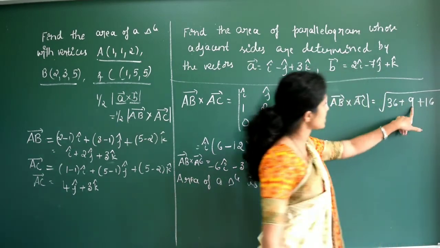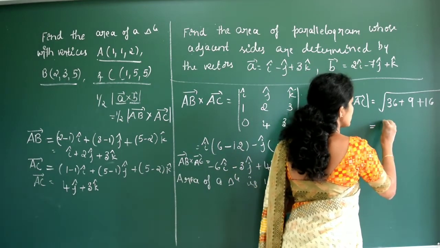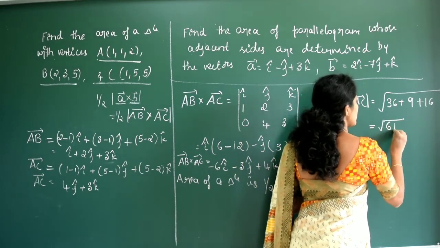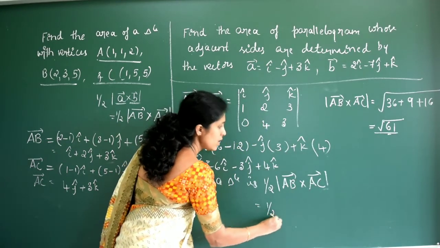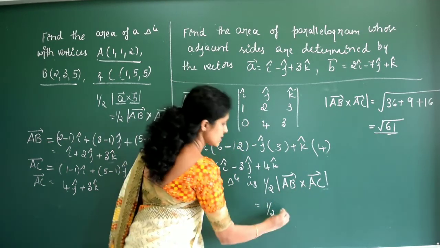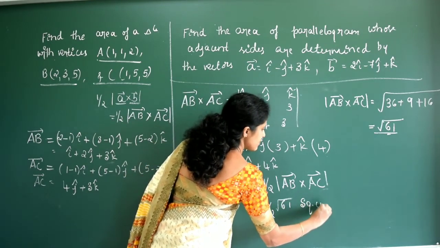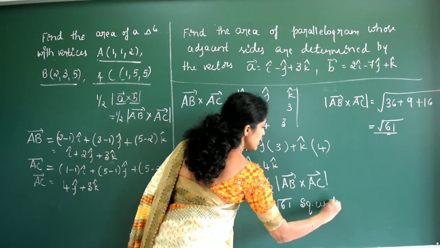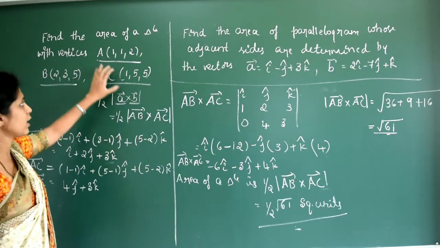So that is 36 plus 9 is 45, 45 plus 16 will be 61, right? So root 61. So just substitute here. So this is equal to half into magnitude of AB vector cross AC vector, which will be root 61 square units. Clear? Square units. So root 61 divided by 2 is the area of the given triangle.